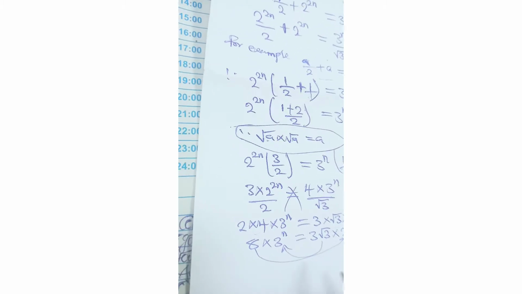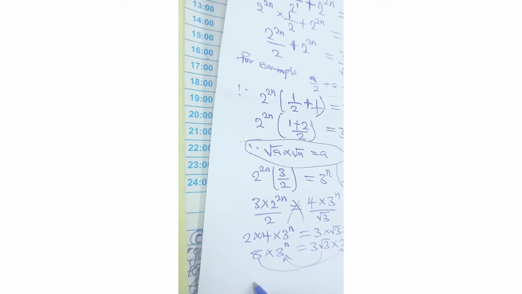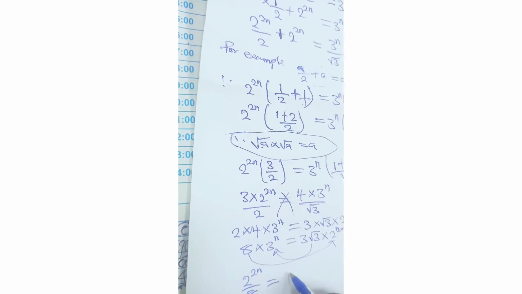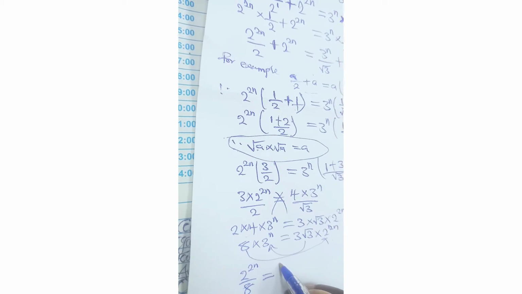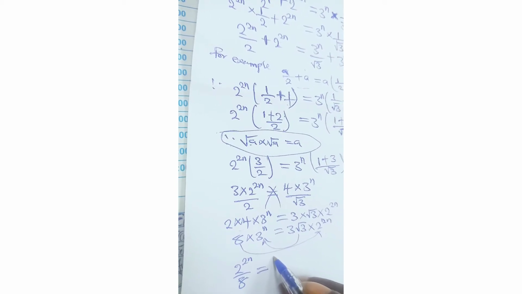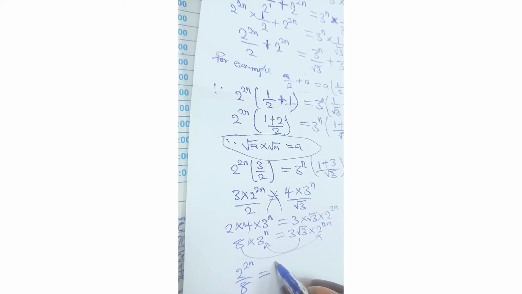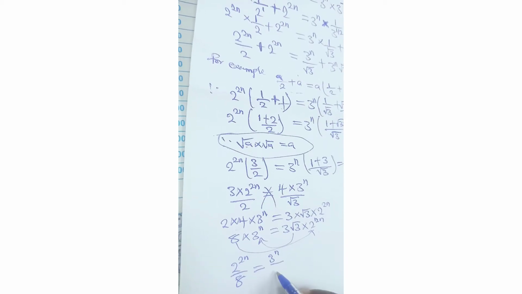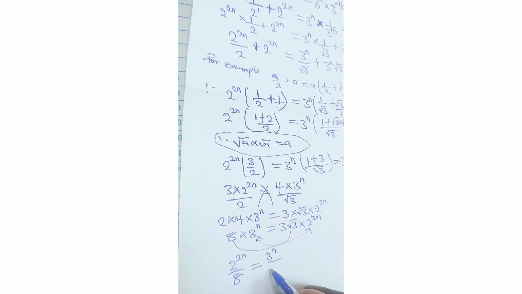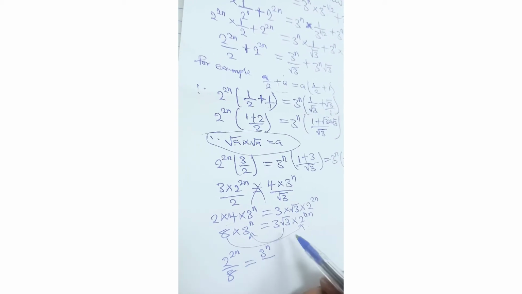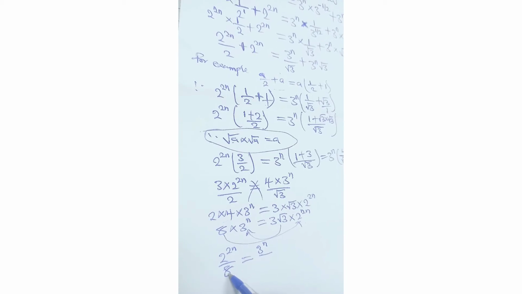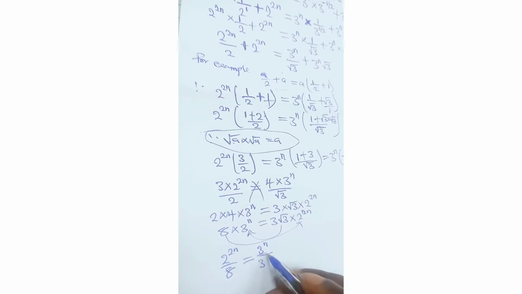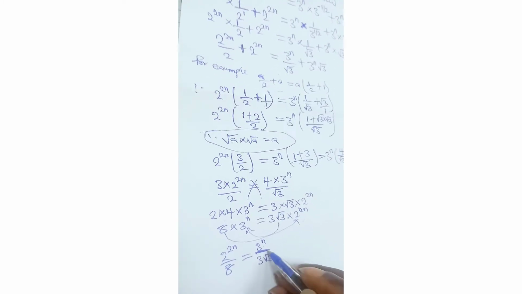Then we are going to have 2 raised to power 2n over 8 is equal to 3 raised to power n over 3 root 3.